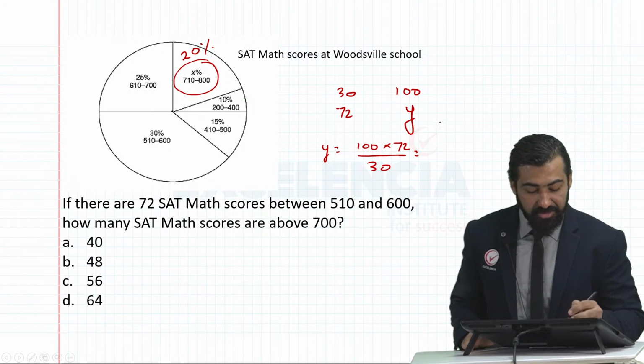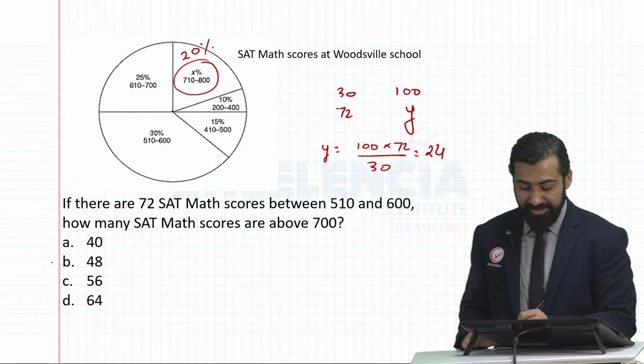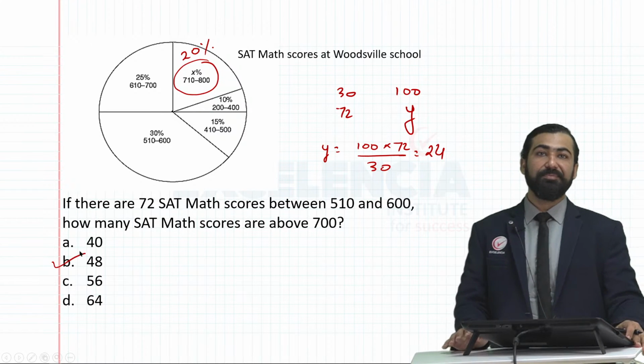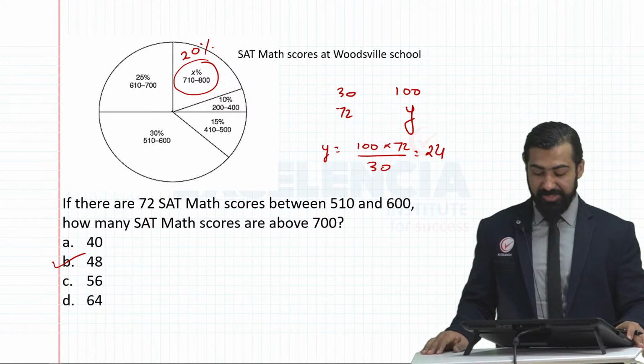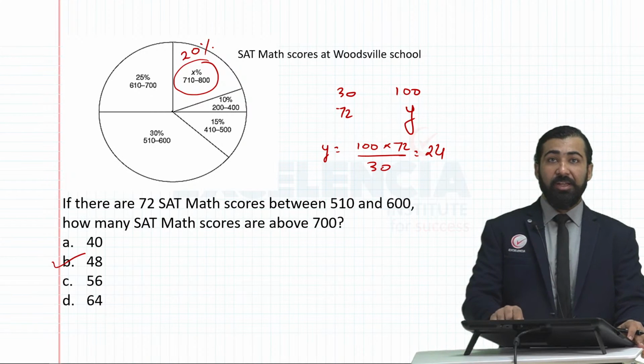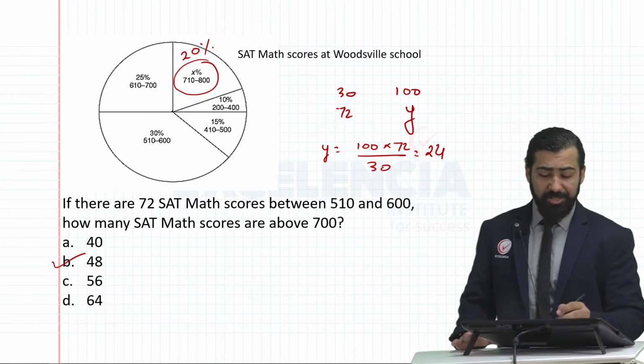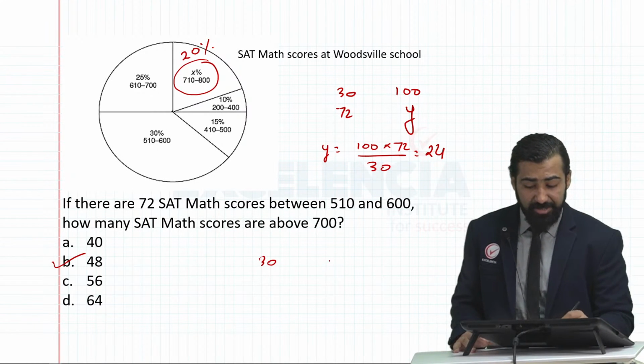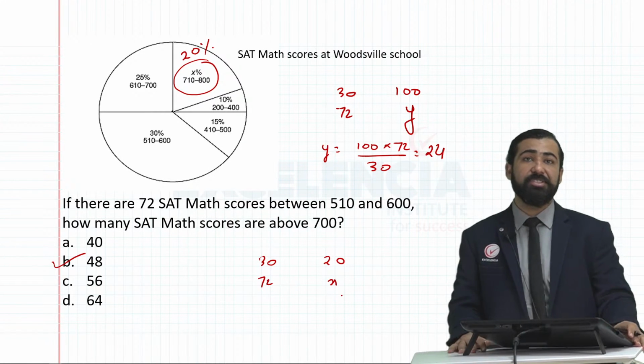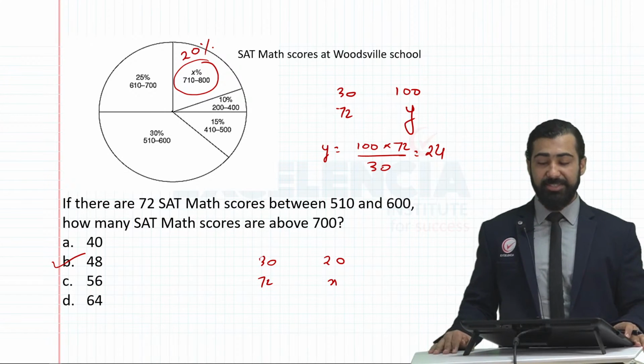This is 24, 3s are 24, 48. Yes, B is the correct answer. I had made a calculation error previously. Alternately, you could have straight away found this value: 30 compares to 20 as 72 compares to X, and you could have found the value using this as well.